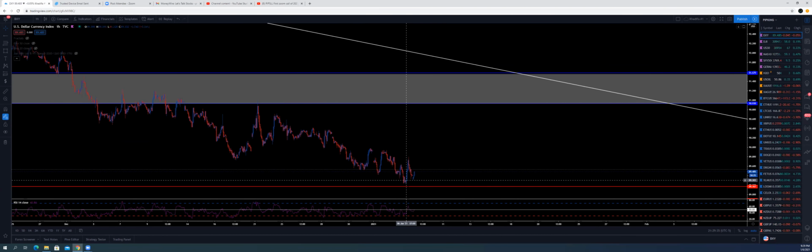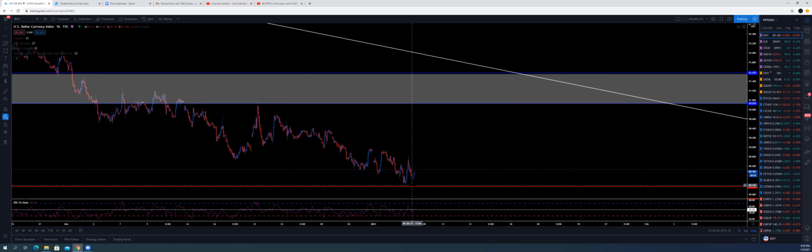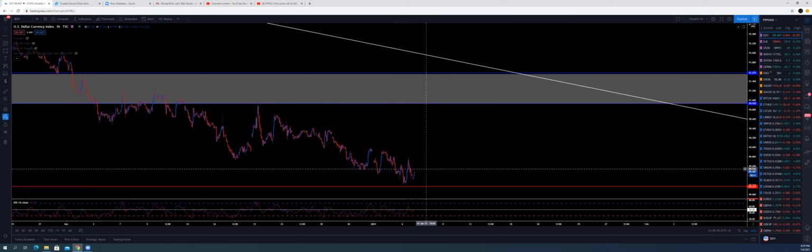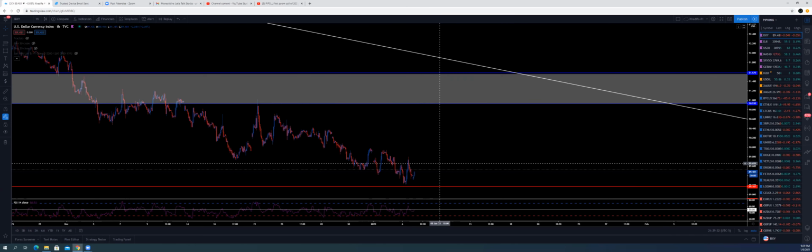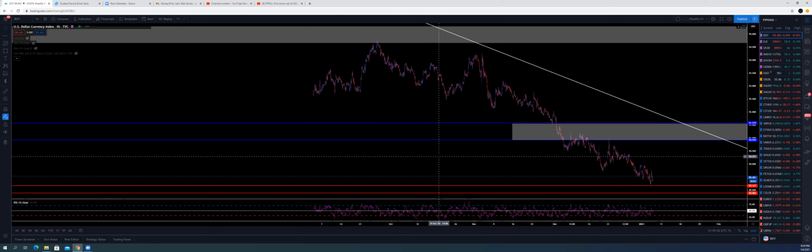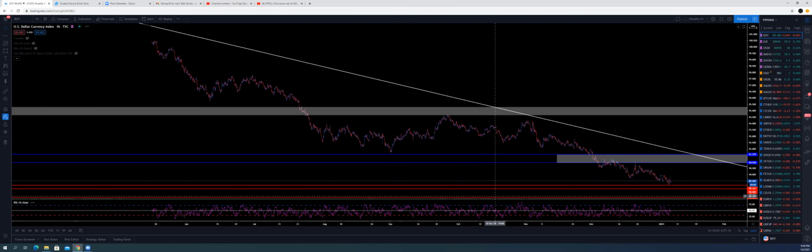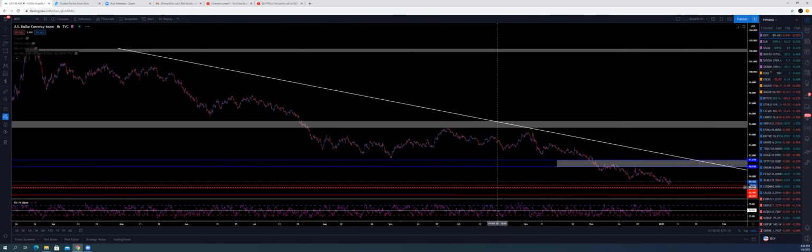As you can see, the dollar almost came and retested it, not quite. It's like a pip off, but we're steadily making our way down to retest that level. Like I told you guys Monday night, I do want to see the dollar get up into this zone right here, these levels, and potentially break through those levels and continue to the downside.